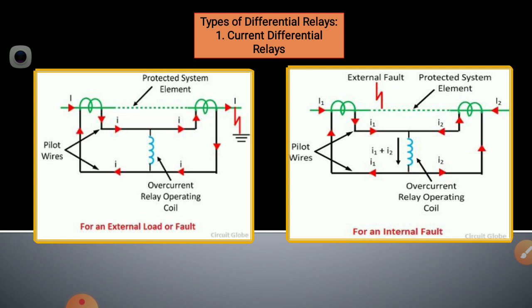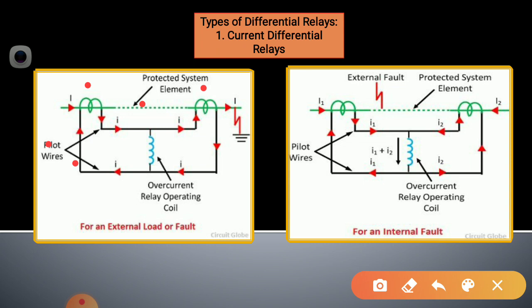So simple construction and working is there. So here is the protected element, with two CT secondaries connected on either side, and the CT secondaries are connected by the pilot wires, and here the relay operating coil is connected between the two CT secondaries.